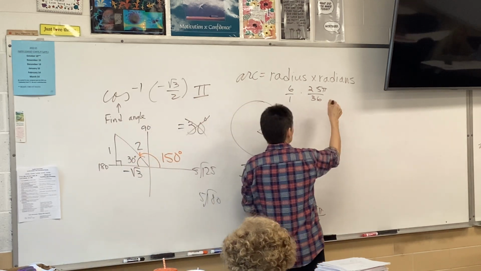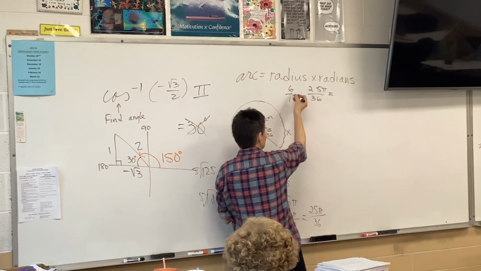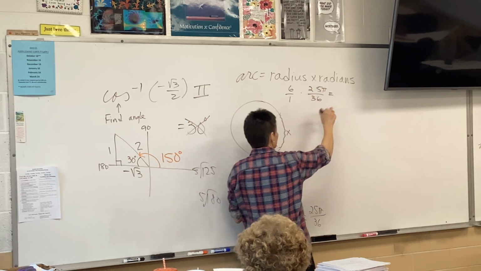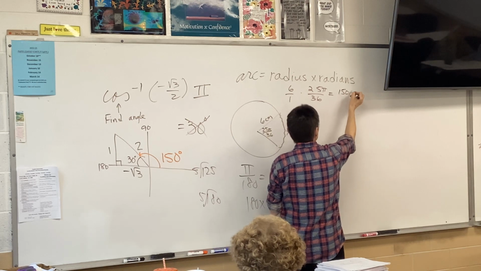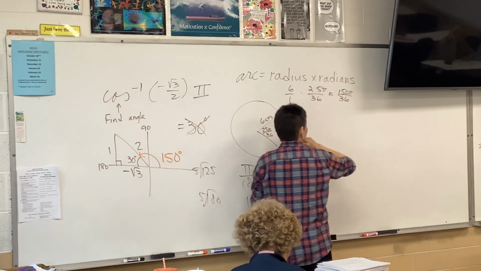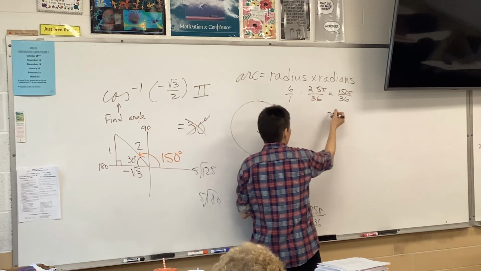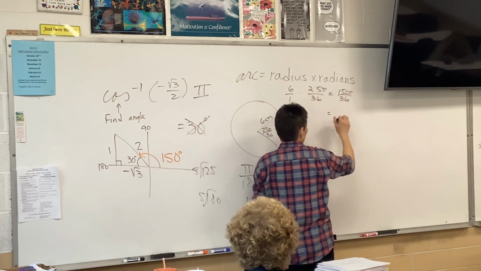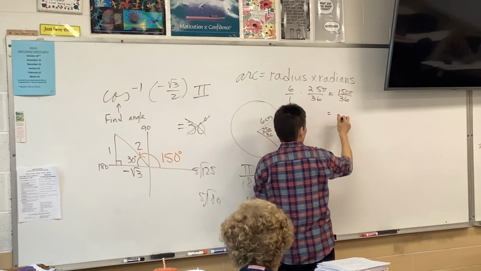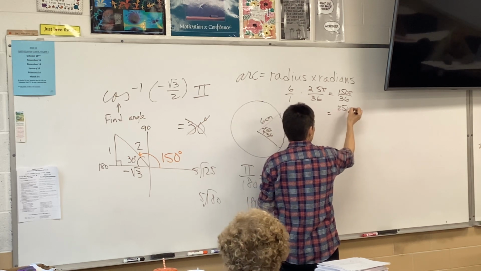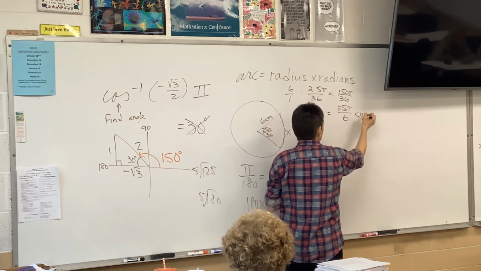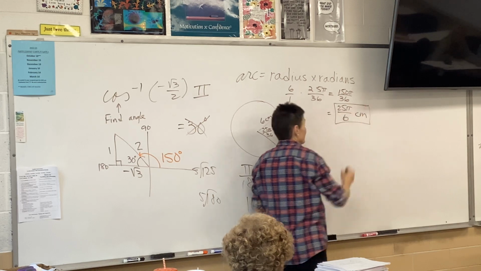One way is just to multiply straight across. I put my 6 over 1 so I can multiply straight across. Another way to do it is to cross cancel. Doesn't matter. Both of these are divisible by 6. So we're going to get 25 pi over 6. And that is the final answer.